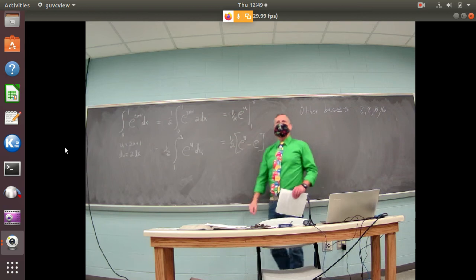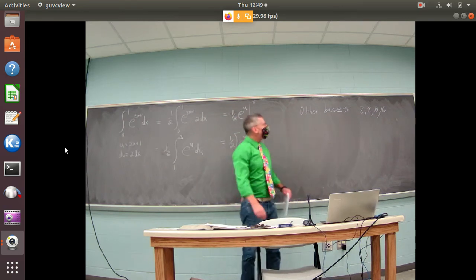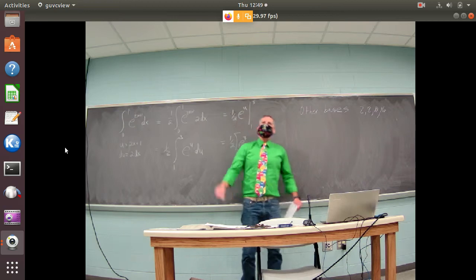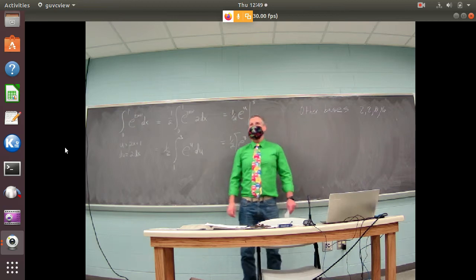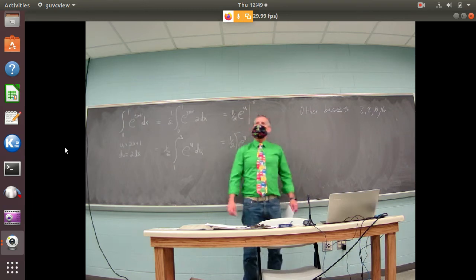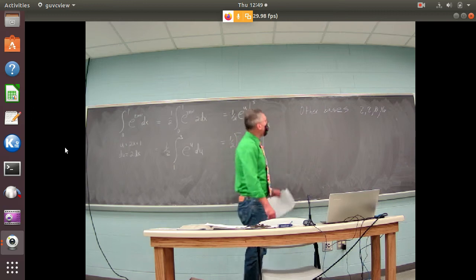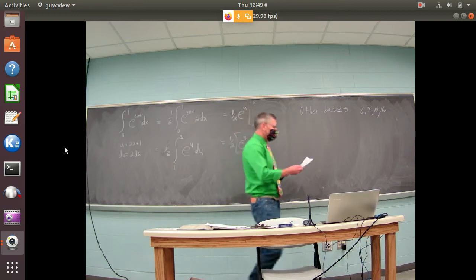Base 2, because that's binary and computers are binary. Base 8, again because of computers. Base 10, because it's how we count. And base 16, again because of computers, hexadecimal stuff and all that. And so those are the other bases.